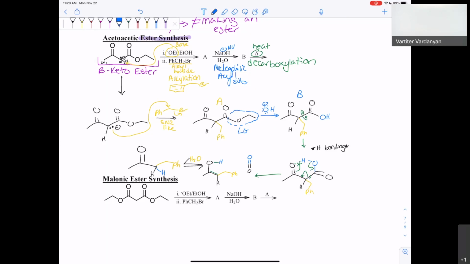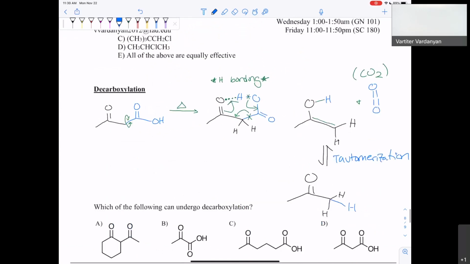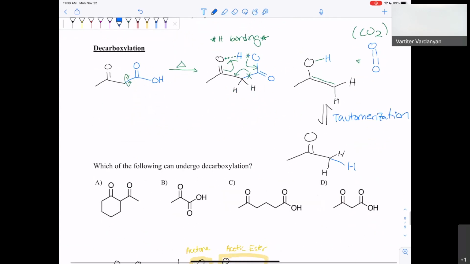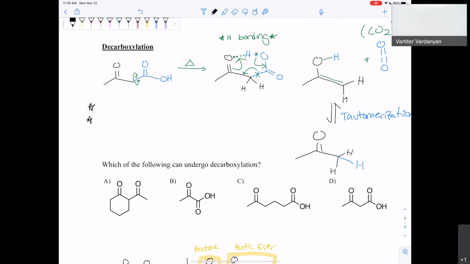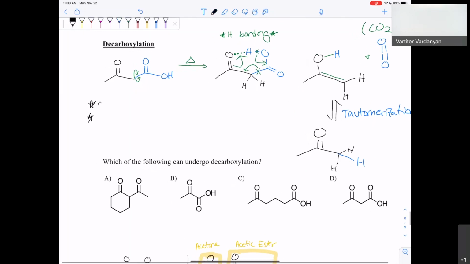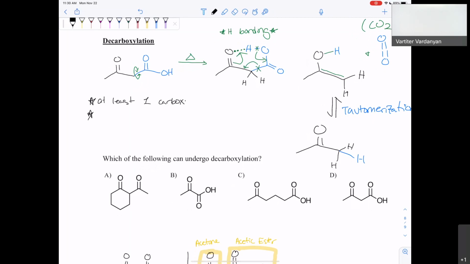Perfect. So that's something I want to talk about. We're going to go back down here. The question was, are we always making a carboxylic acid in the intermediate step? And yes, we are, because in order to do a decarboxylation reaction, you must have at least one carboxylic acid. So we're going to write our little rules for decarboxylation right here. Rule number 1, you must have at least one carboxylic acid.